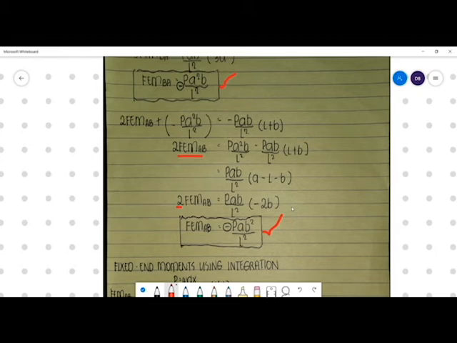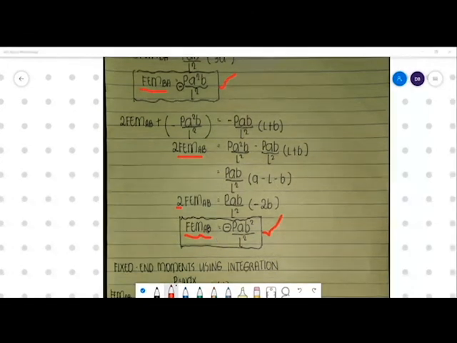Kasi 'di ba on the left side, ang magpapasimangot ng beam natin is counterclockwise, and on the right side, ang magpapasimangot ng beam natin ay clockwise? So that is a consideration when it comes to sign convention ng fixed end moments, kapag gumamit tayo ng three moment equations.